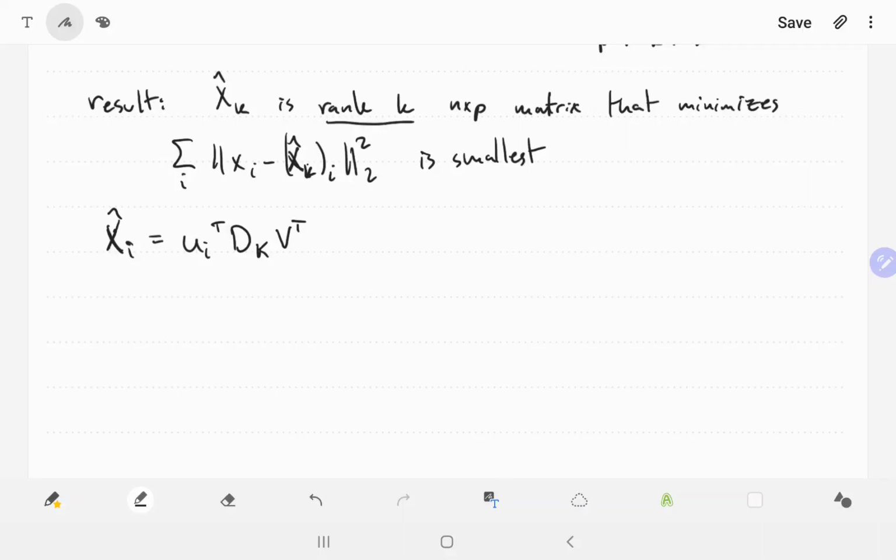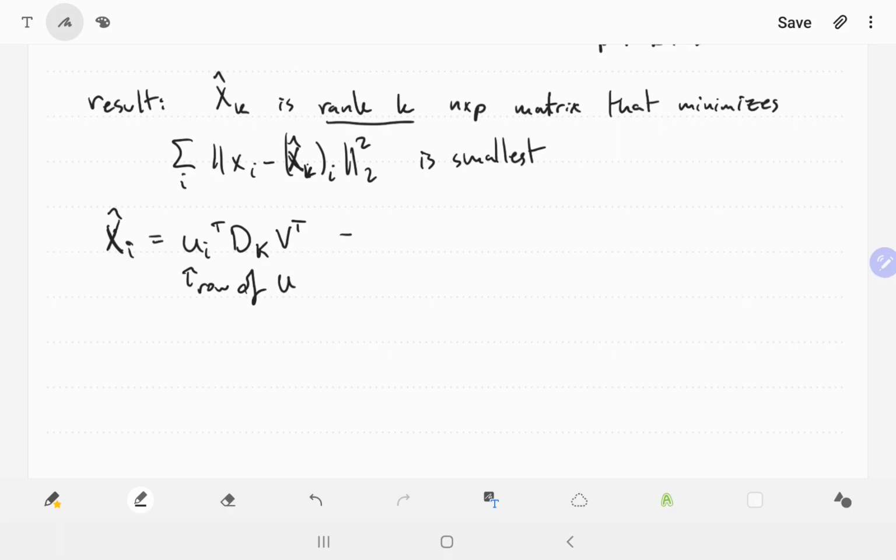We've just selected the ith entry, where this u_i is not the eigenvector, it's the row of U. This is a row of U. We have to be clear about that.